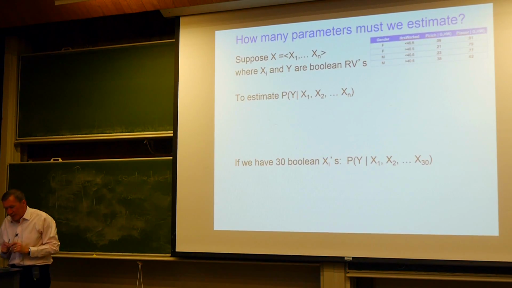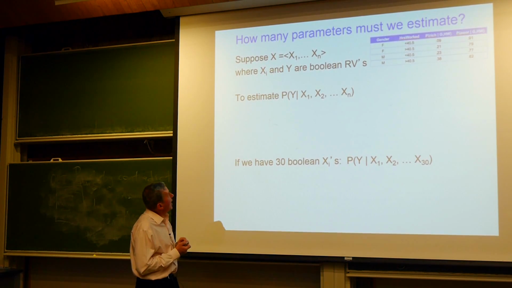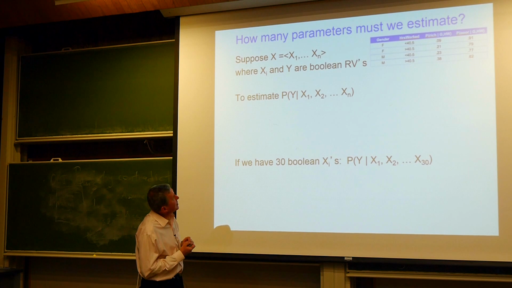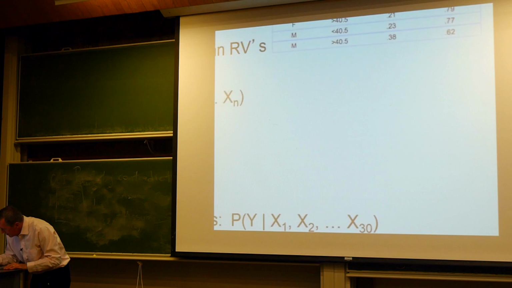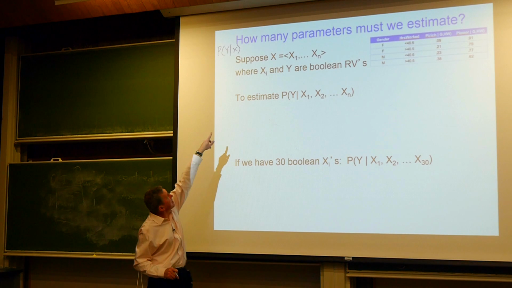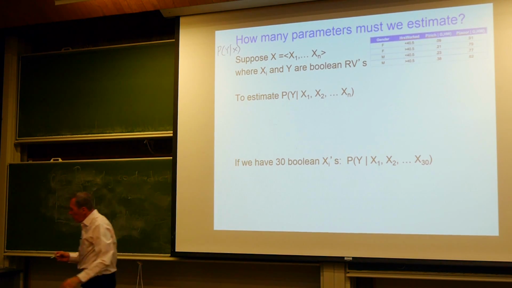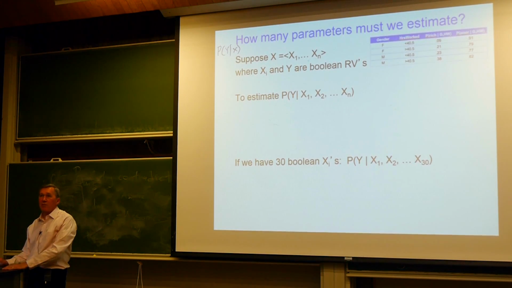Let's look in a little bit more detail at that. So suppose in general we're trying to learn the probability of y given x, P of y given x. And by the way, you see here I'm introducing a notation we will use frequently in the course where x in this case is actually a whole vector of variables.